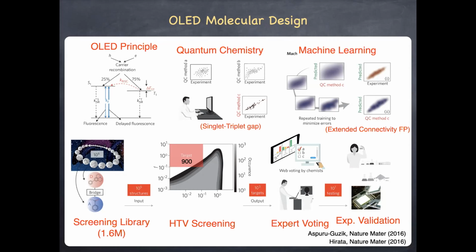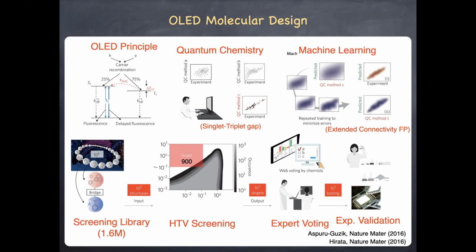Then they built a large library of 1.6 million OLED candidate molecules, basically combining various donors and bridges in a combinatorial manner. And then they applied this machine learning model to the library that had been generated.